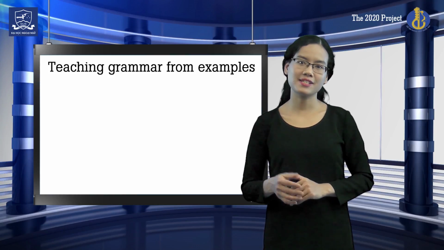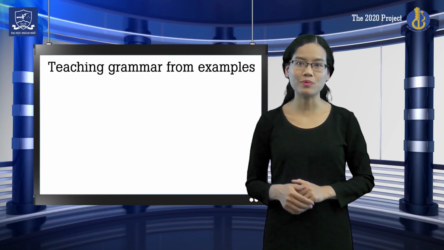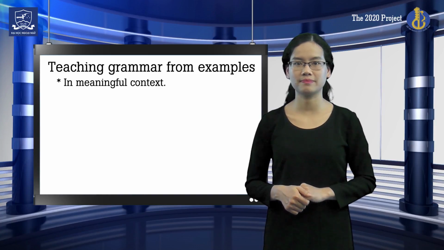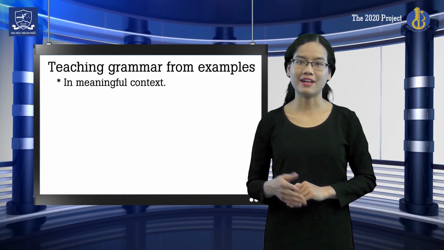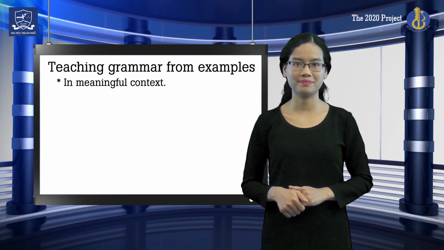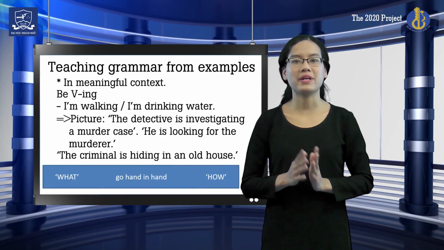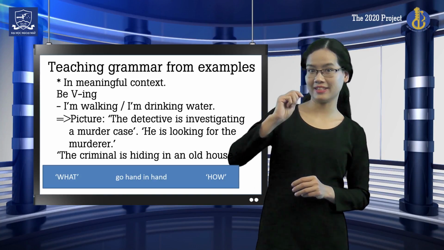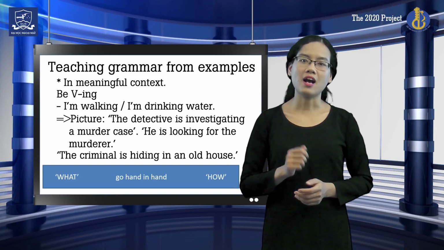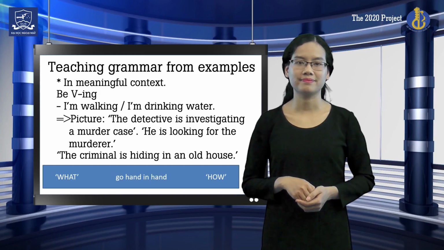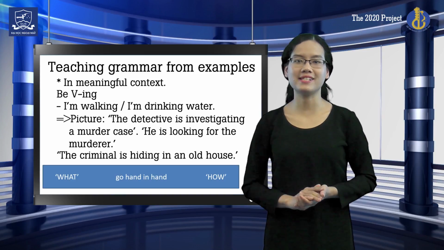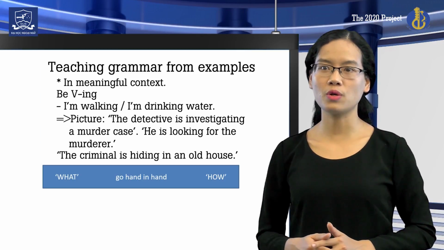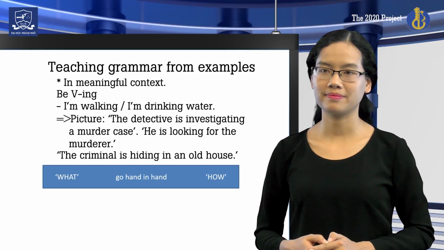However, it is noticeable that examples must be provided in meaningful context. Now, let's look at one example. If you are teaching present continuous and you mime the action of drinking and say, I am drinking water, or point at yourself and say, I'm teaching English, there's nothing wrong with the two examples.